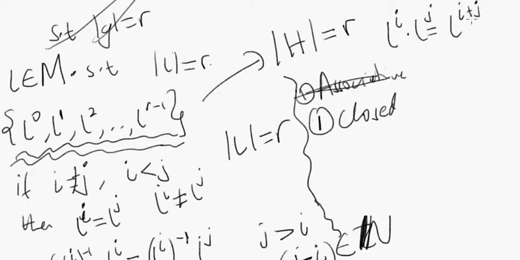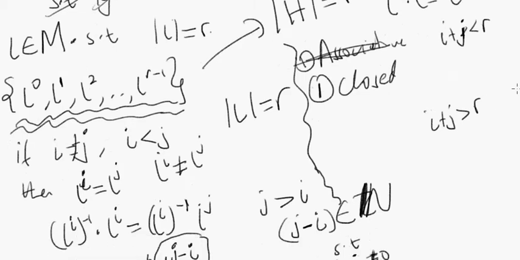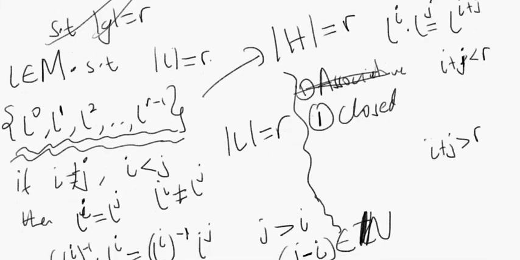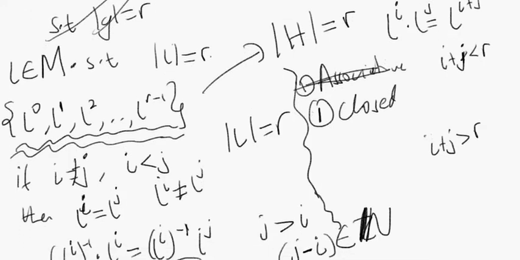Well, don't we just have two possibilities? Suppose i plus j is actually less than R. Wouldn't that mean that L to the i plus j is some element in H? Okay, what if i plus j is greater than R?